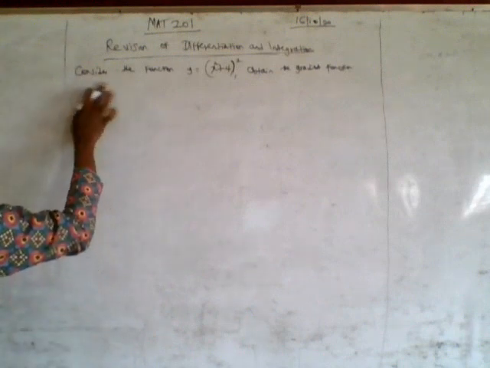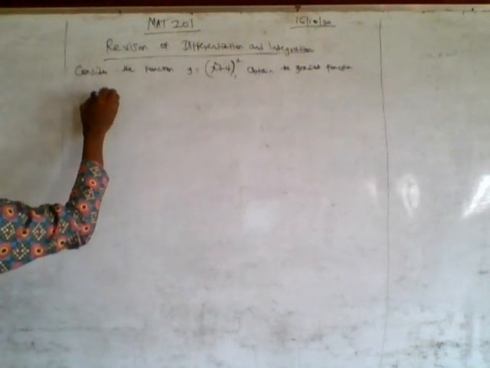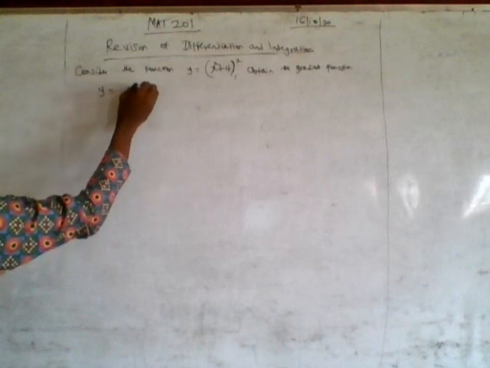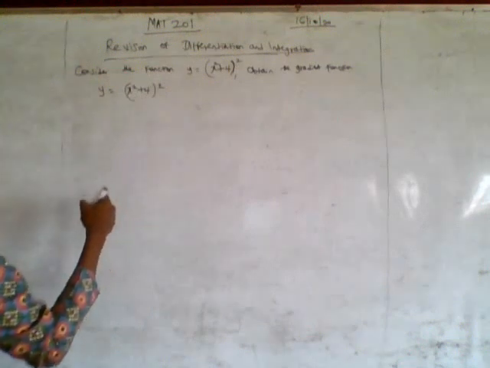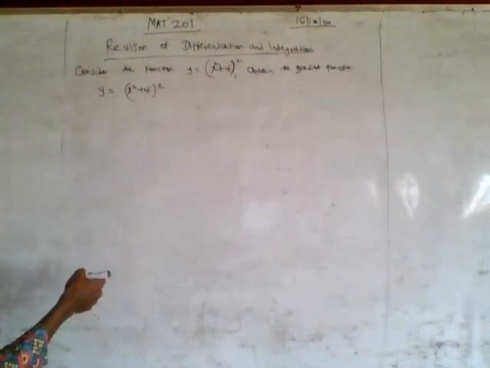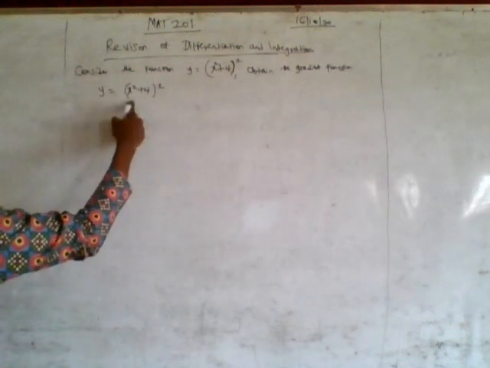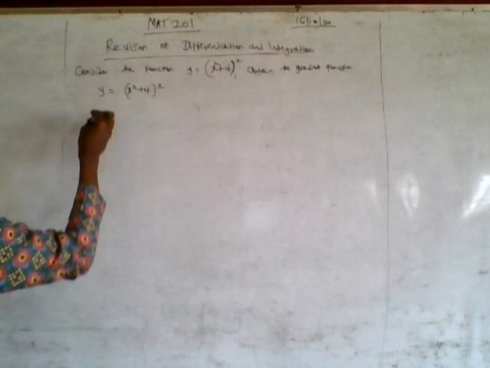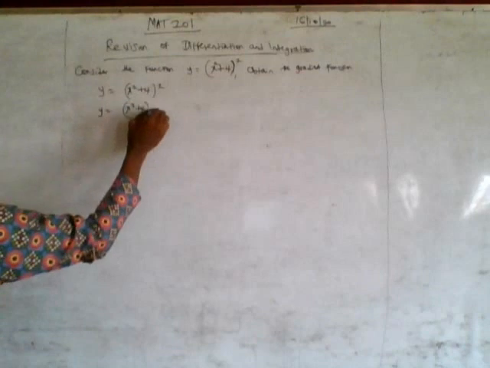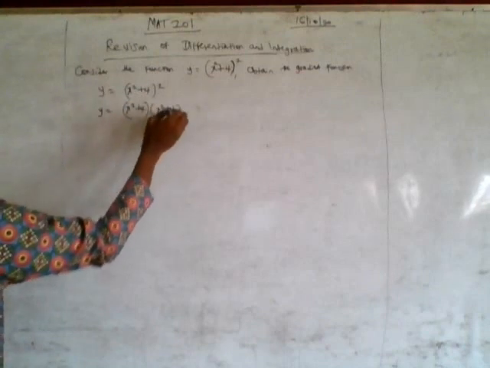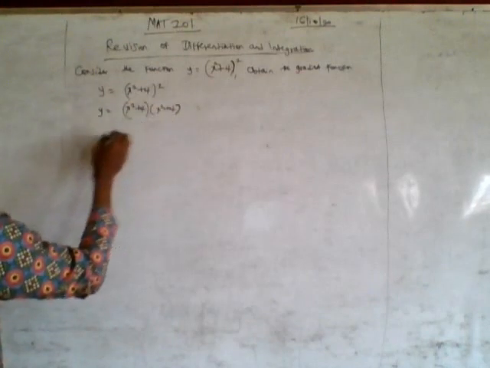Let's use the method we know. Given y as (x squared plus 4) all squared, to differentiate this, we rewrite. So we expand. Let's expand this so that we have y equal to (x squared plus 4) multiplying (x squared plus 4).